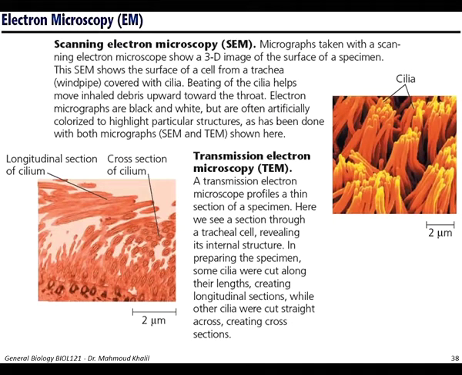So basically the major difference between these 2 types of electron microscope is how we look at this specimen. For scanning, we look from the outside to see the 3D structure or the 3D image, while the transmission electron microscope will look internally to see the internal structure.